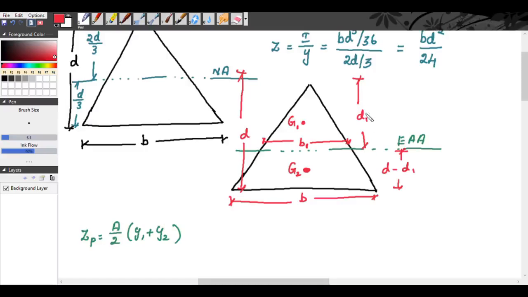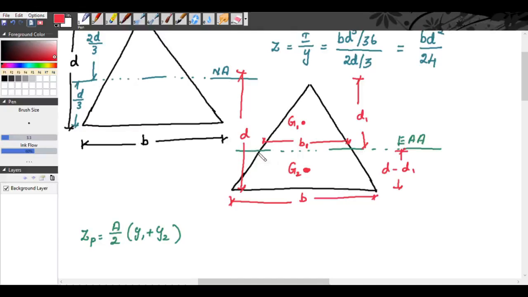Now we will calculate D1 in terms of D and B1 in terms of B. So how can we calculate that? We know the area of this triangle.